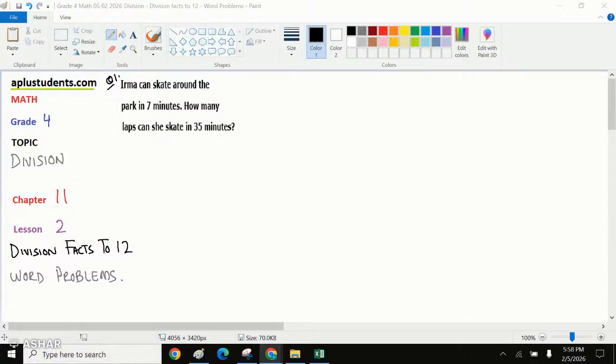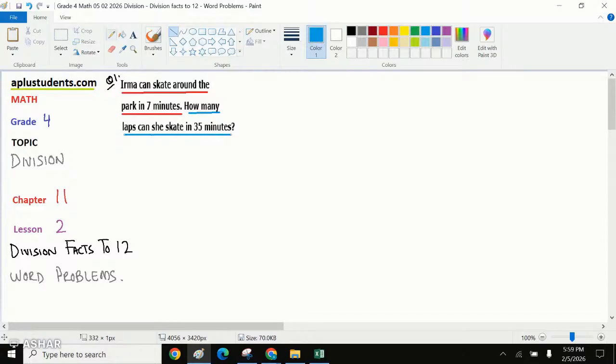Simply what we can do is, if you're doing division, we can write for one skating round, she took 7 minutes, right? And the total time spent was 35 minutes.